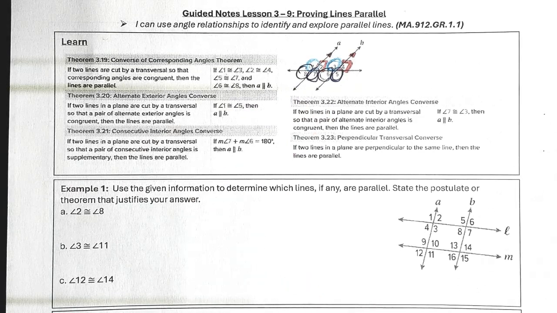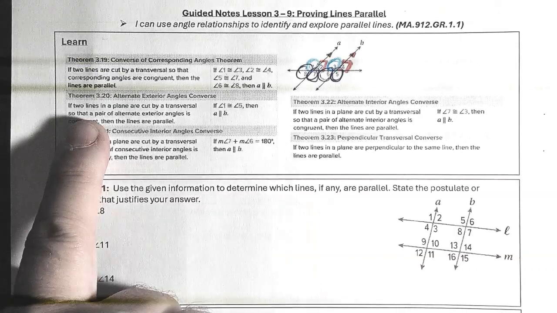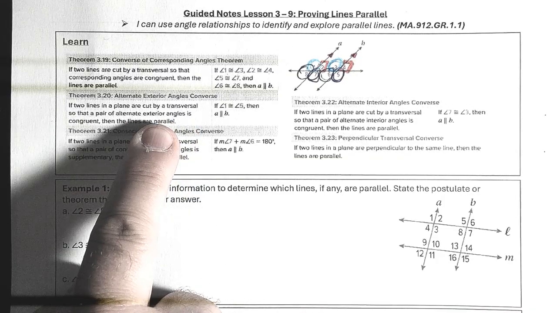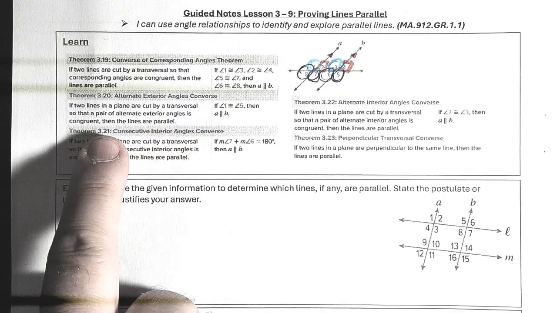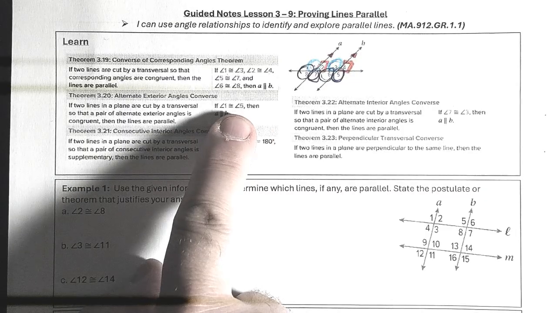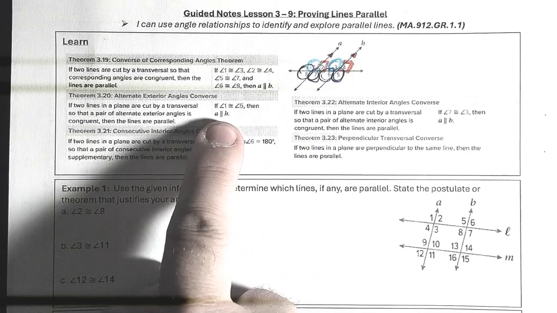All right, theorem 3.20, alternate exterior angles converse. If two lines in a plane are cut by a transversal so that the pair of alternate exterior angles are congruent, then the lines are parallel. So if 1 and 5 are congruent up here, then A and B are parallel.